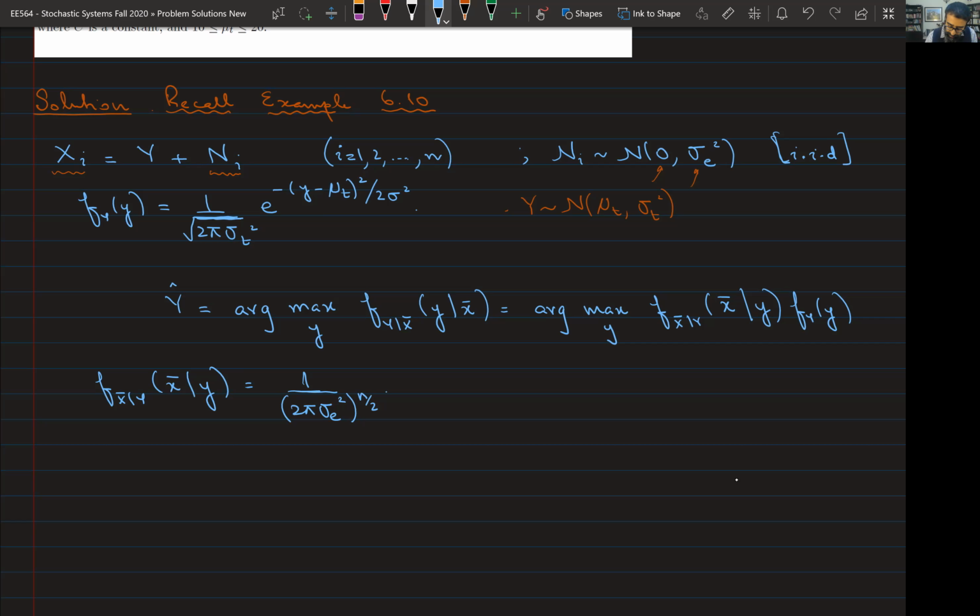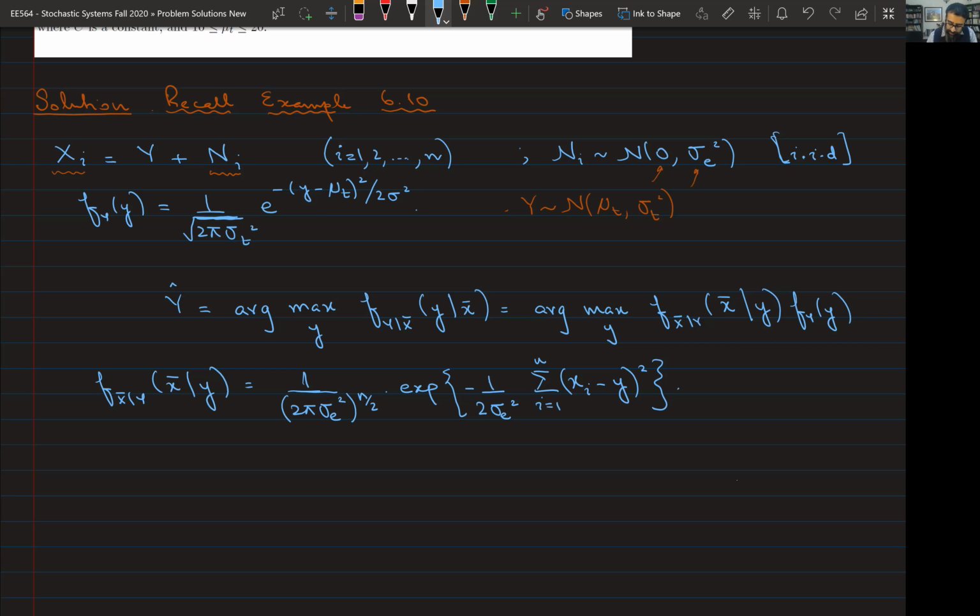And this is e raised to the power minus 1 upon 2 sigma e squared, times the summation from i equals 1 to n of x i minus y whole squared. I'm using the exponential here to make my life easier as far as writing is concerned. Because given y, each one of the x's is Gaussian with variance sigma e squared and a mean equal to y.